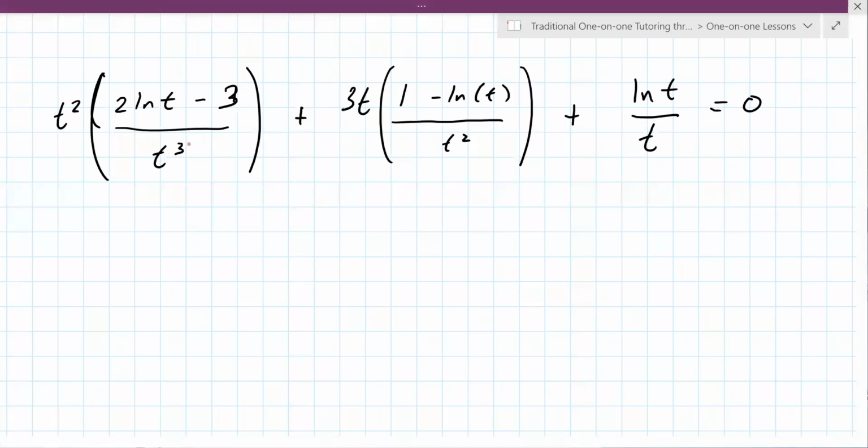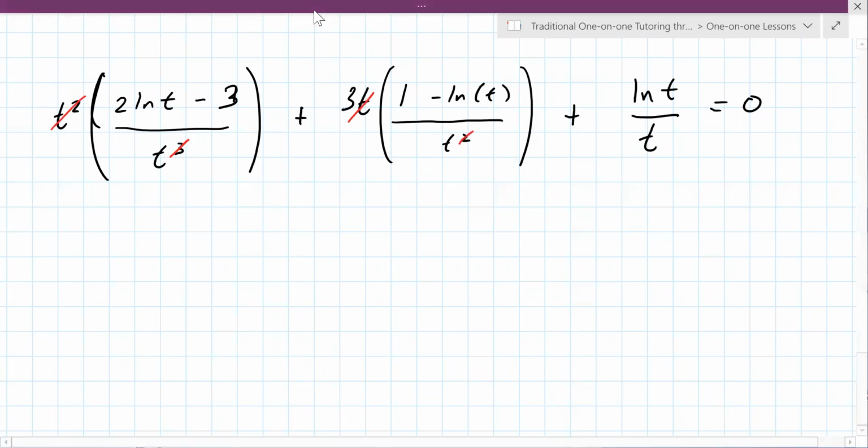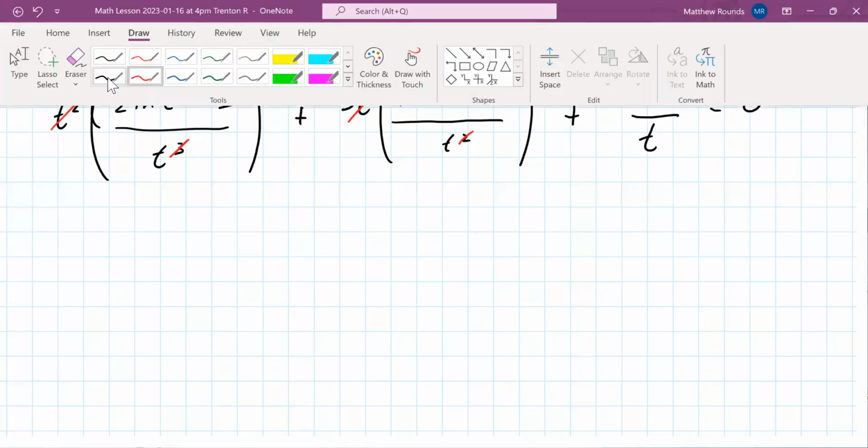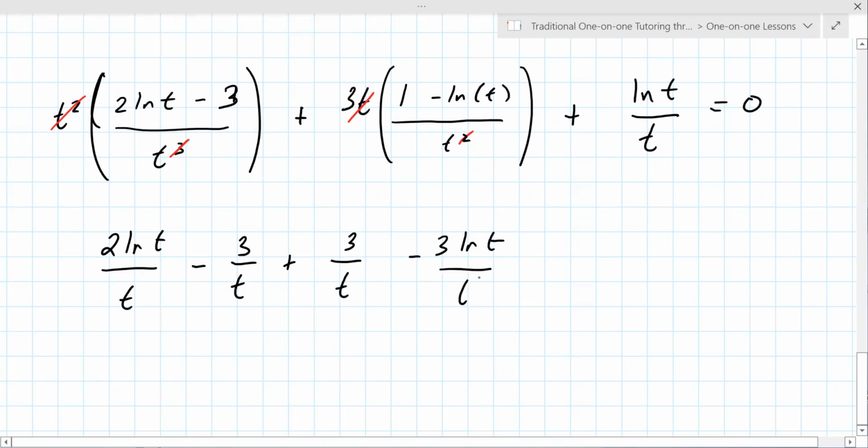So some canceling here. You get a t there. That t cancels that t, and then you just work through this as carefully as you can. It's 2 natural log of t over t minus 3 over t plus 3 over t minus 3 natural log t over t plus natural log t over t.